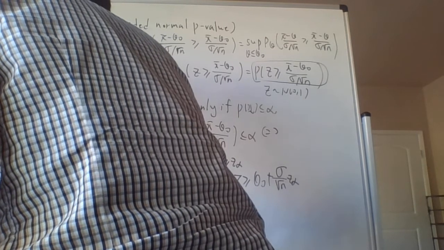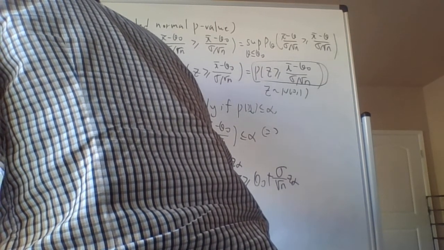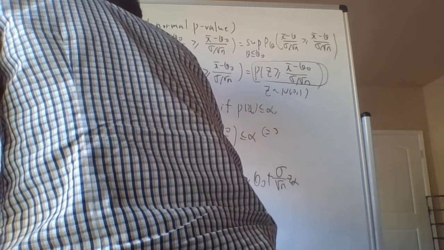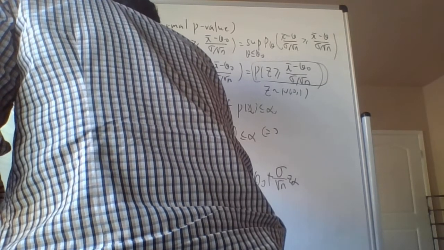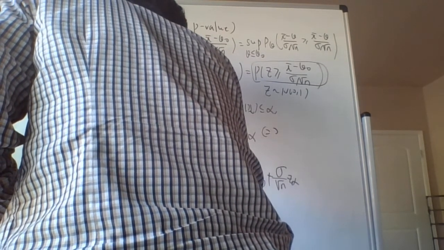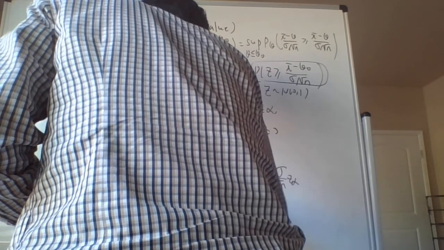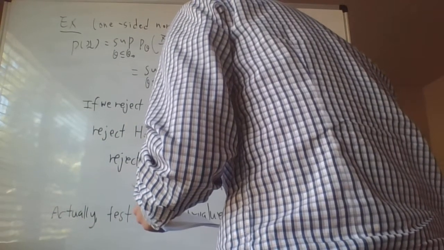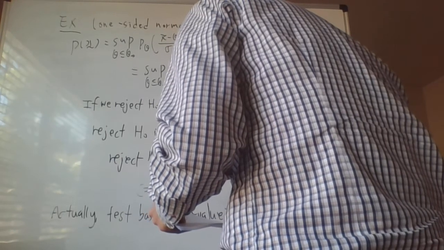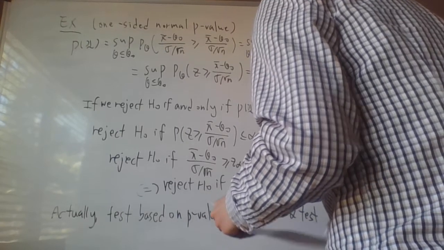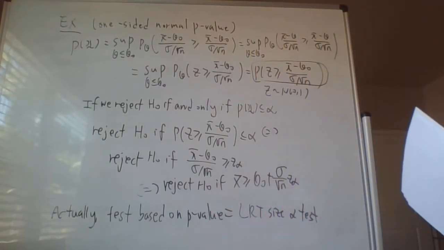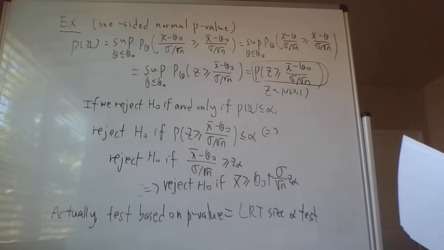So the test based on the p-value is the same as the likelihood ratio size alpha test we have derived before.